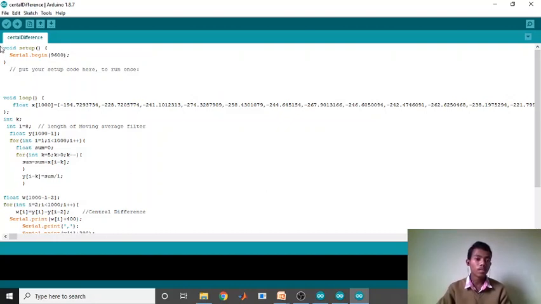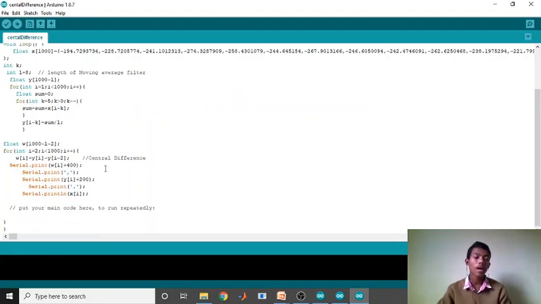Again, this is void setup, this is the input signal. Here also I am applying the central difference filter to the smoothed signal, in the sense to the output of the moving average filter. I am giving the output of the moving average filter as input to the 3-point central difference filter. So this is the Arduino program.